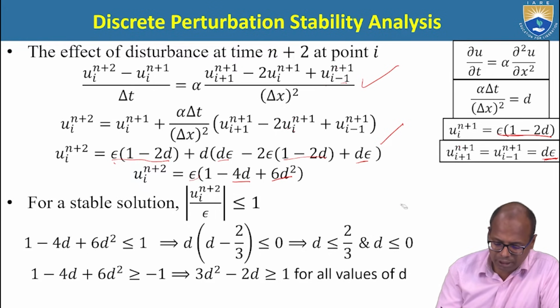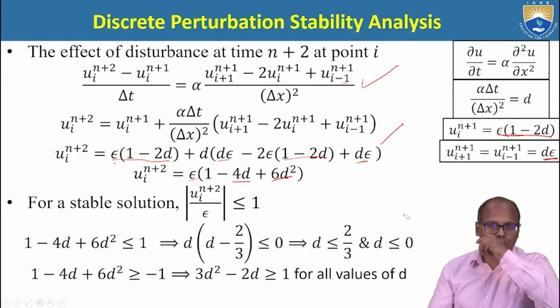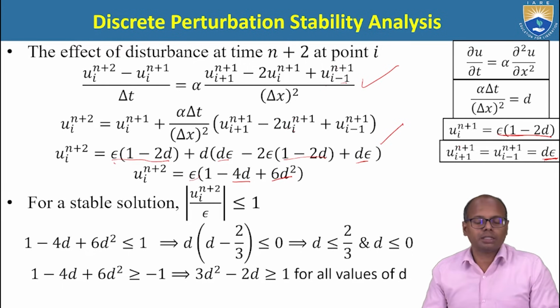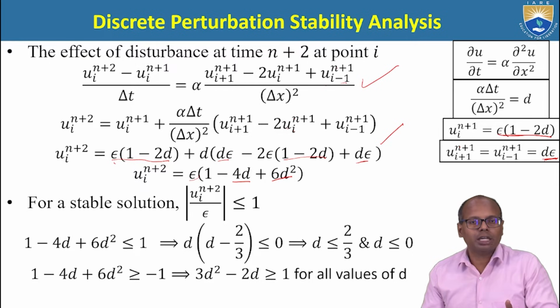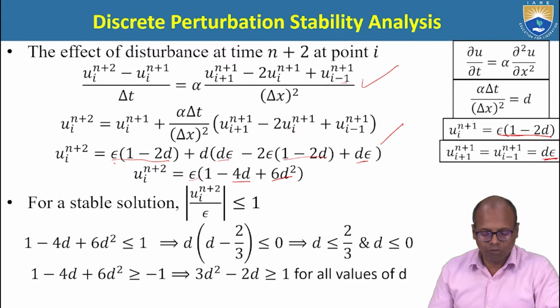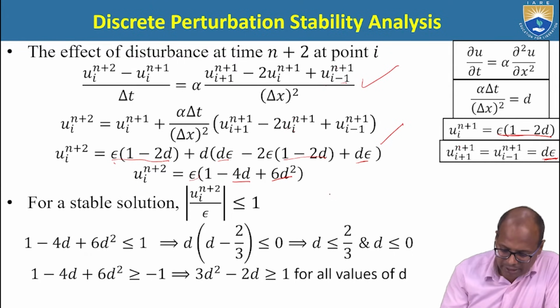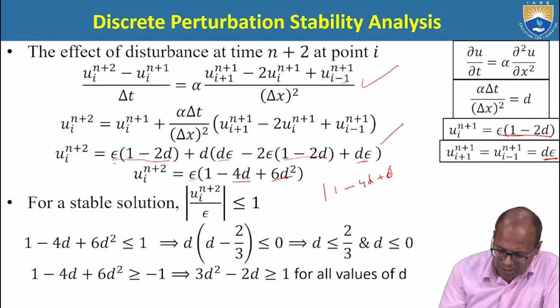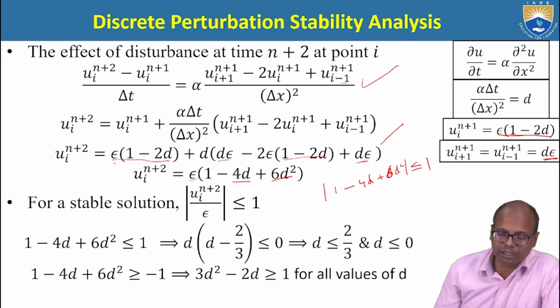After simplification, we have to impose the condition for stability. So the condition for stability is that the modulus of u_i^(n+2) by epsilon must be less than or equal to 1. So in this case again, the modulus of 1 minus 4d plus 6d square must be less than or equal to 1. Again I will have two cases here.